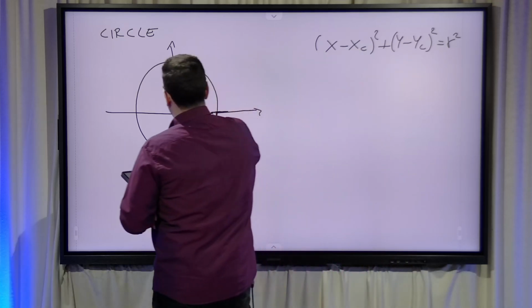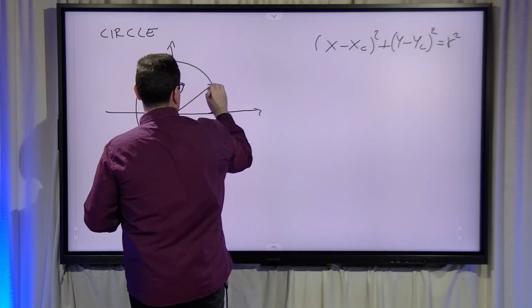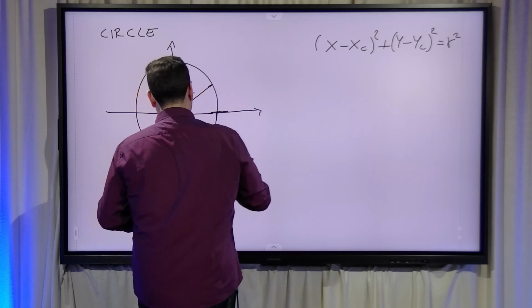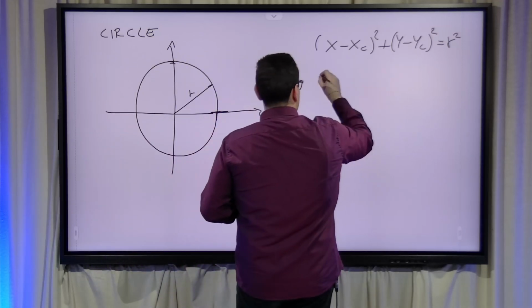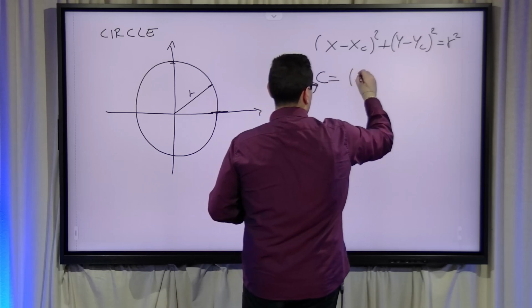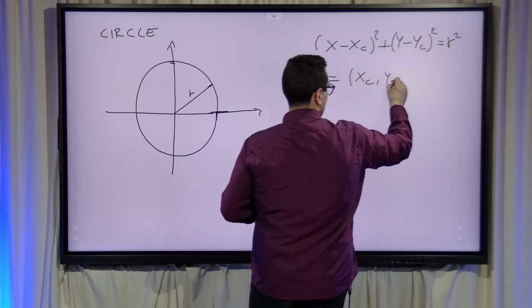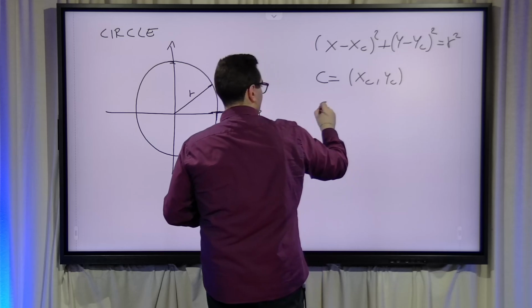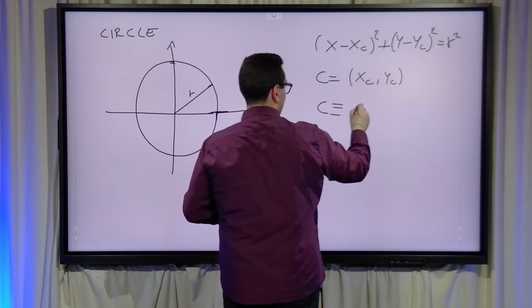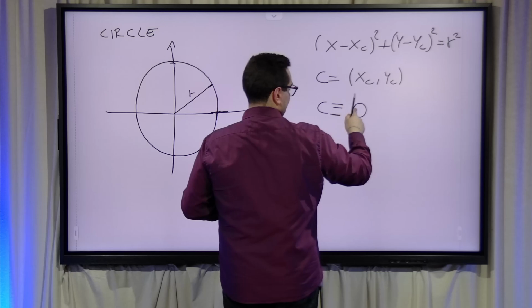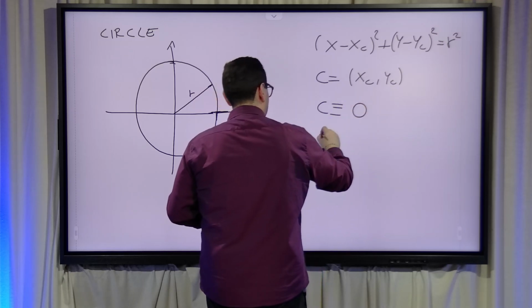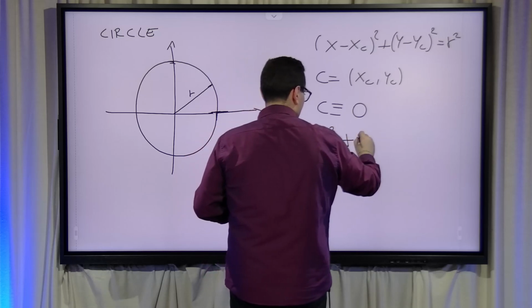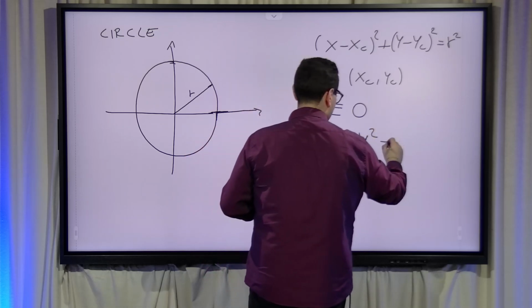R is the distance from the center of the circle, so this is R. XC and YC are the coordinates of the center, and if C is equal to O, so the origin, XC and YC are equal to 0, so the equation of the circle is simply this one.